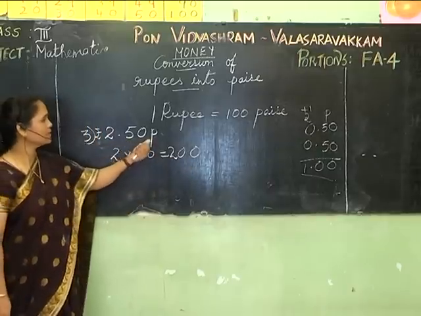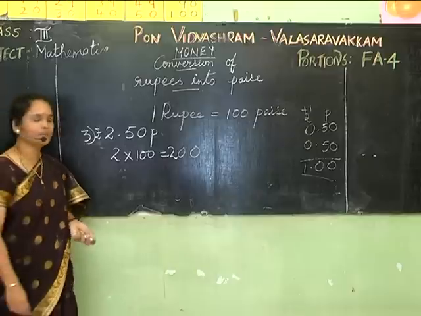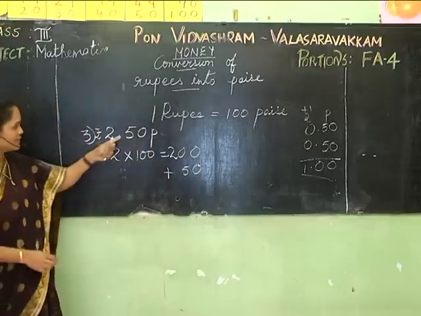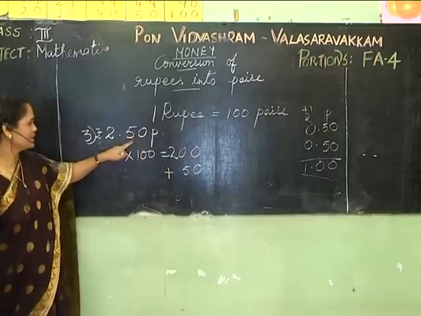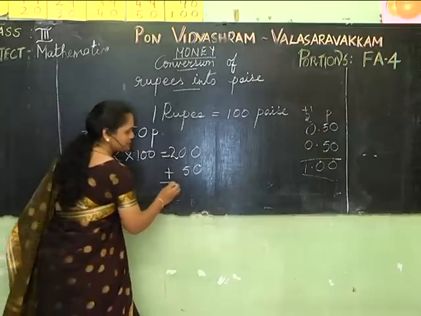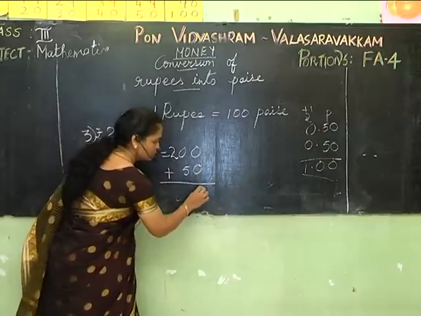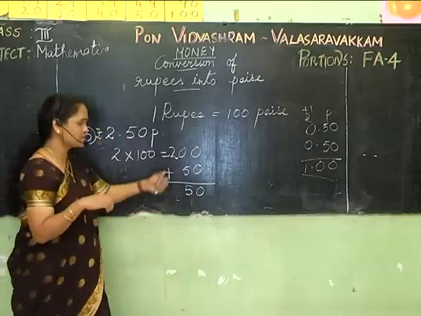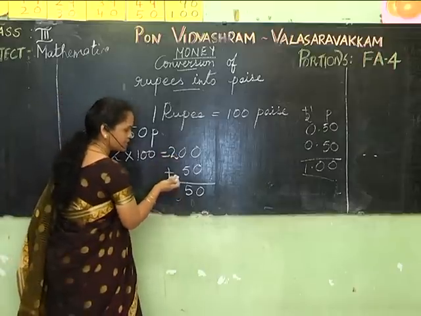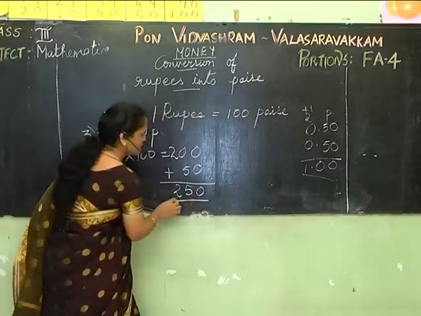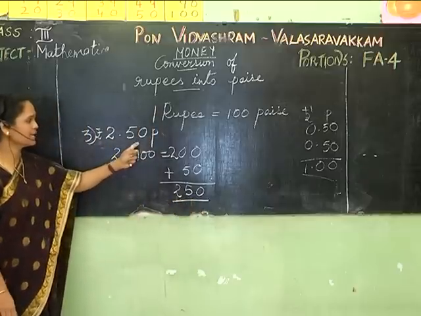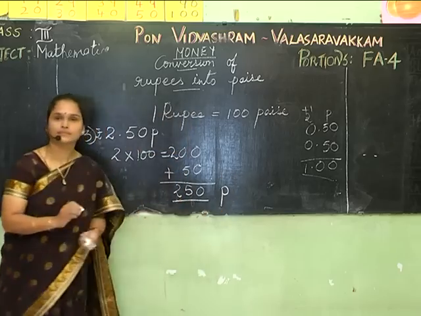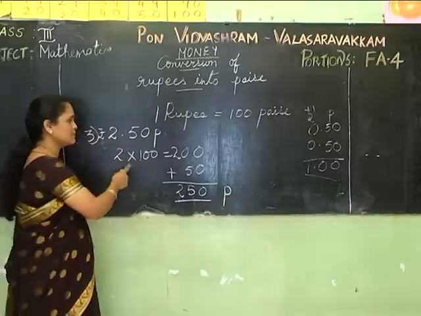Now, since this 50 is already given in the paise column, why are we adding 50? Because it is already given in paise. Now you add 200 plus 50. Adding 0 will give you the same number, and so 2 rupees 50 paise is 250 paise.